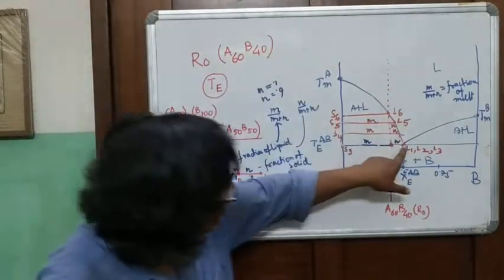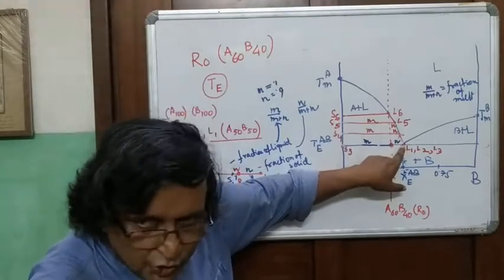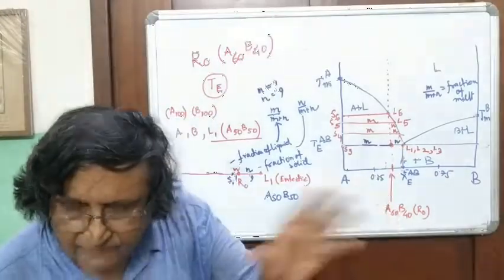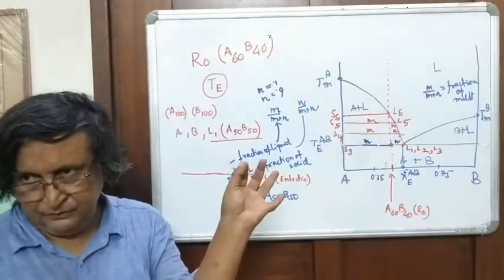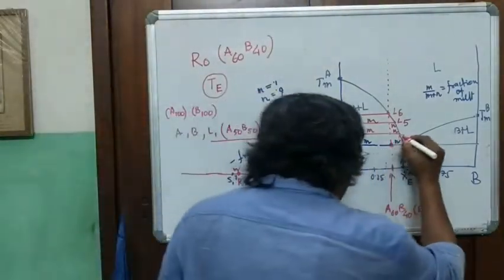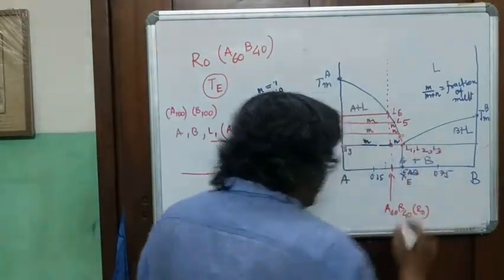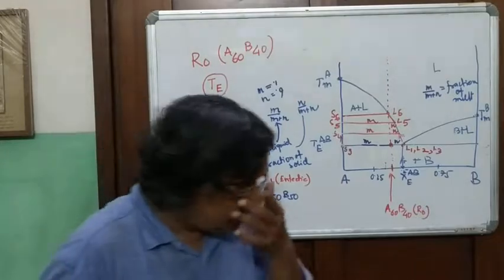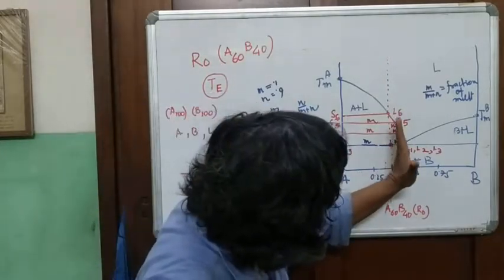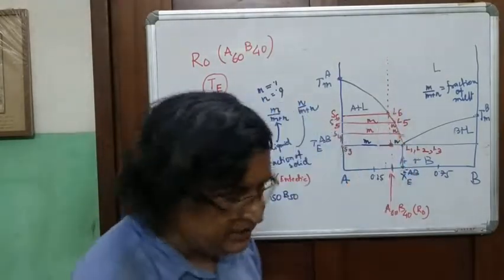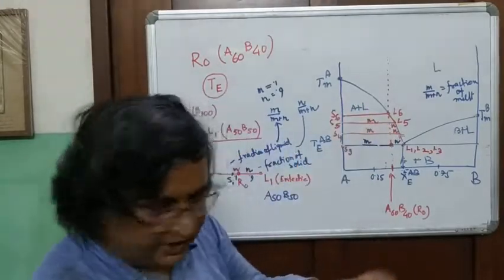So now the melt has to move away from the eutectic. And now that's an interesting point: the temperature now starts to increase as you're heating it.